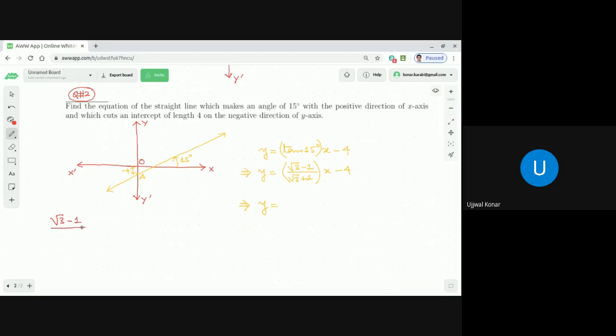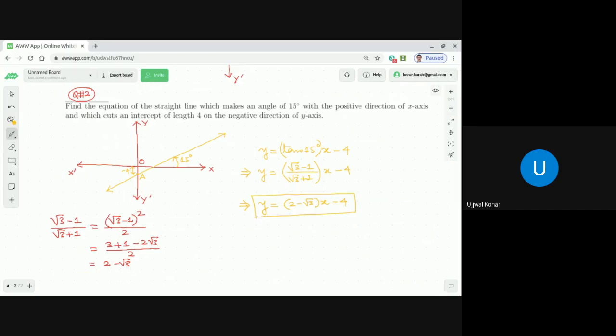Root 3 minus 1 divided by root 3 plus 1 is root 3 minus 1 whole square divided by root 3 whole square minus 1 square, that is equal to 2. So that is equal to root 3 whole square is 3, plus 1 minus 2 root 3, divided by 2, that is equal to 2 minus root 3. So we can apply this value here and we get the required equation of the straight line: y is equal to 2 minus root 3 into x minus 4. That is the equation of the straight line.